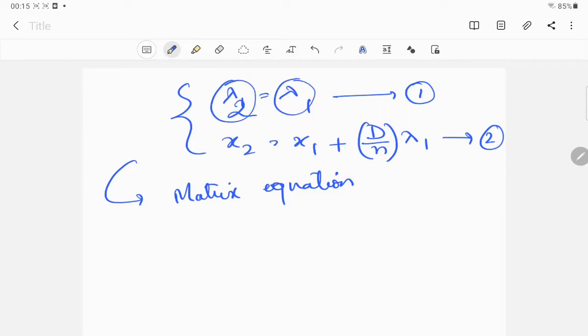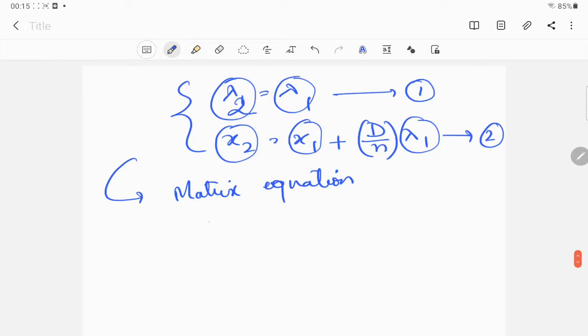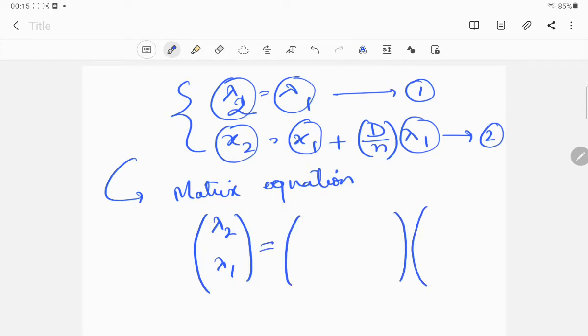Okay, in equation number 2, x2, x1 and lambda 1, these are the variables. So if we write something like this, lambda 2 lambda 1, okay, so this is a column matrix. And if we write like this, x2 x1, okay, so these are the variables lambda 1 and lambda 2, x2 and x1. This is about angles and this is about the height.